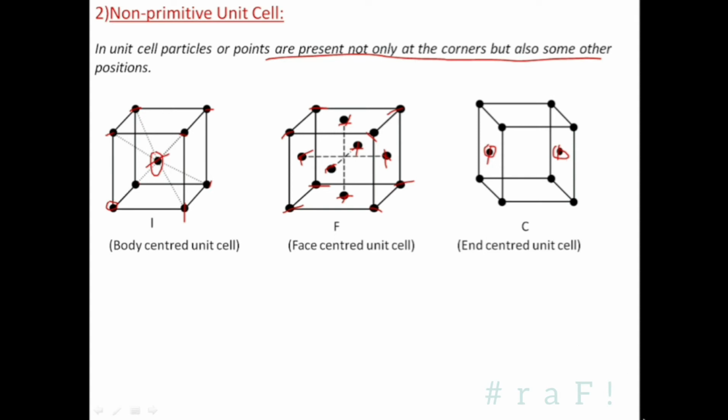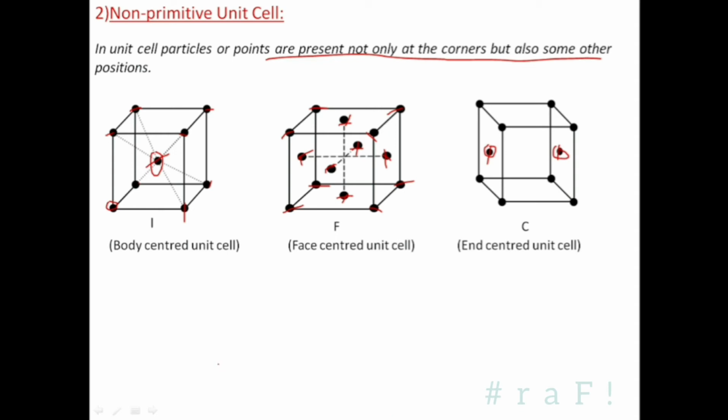Now ask yourself, how many atoms are present in each unit cell? Is it correct to say that body centered cubic has 9 atoms? See here, at the corners 8 plus at the center of the body, the total atoms are 9.